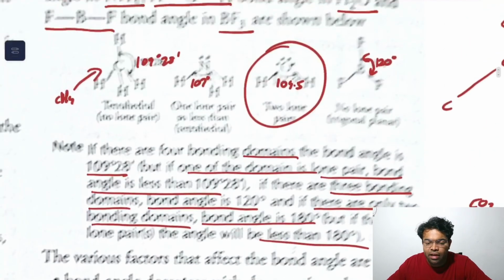So, ideally speaking, H2O was supposed to have a bond angle of 180 degrees, but because of the two lone pairs of electrons present on the oxygen atom, the bond angle reduces to 104 degrees 5 minutes. So this is how the bond angle is affected. Now we learned about the bond length, and now we also learned about the bond angle.